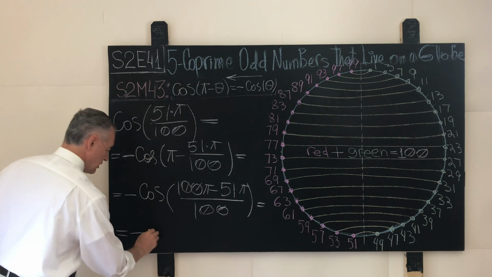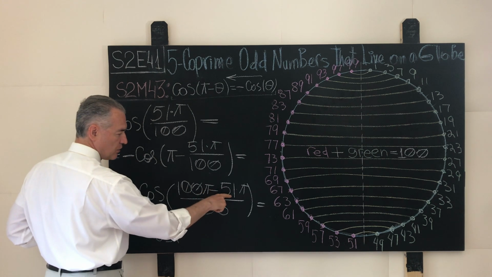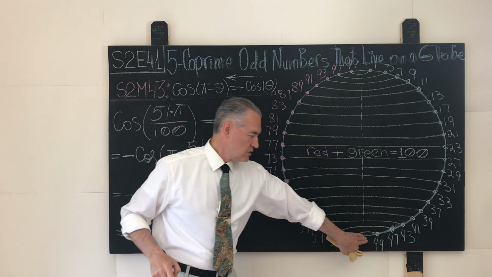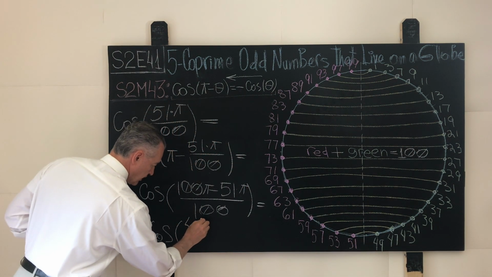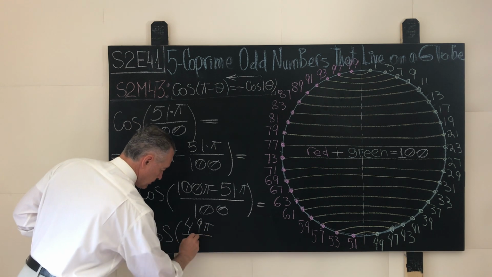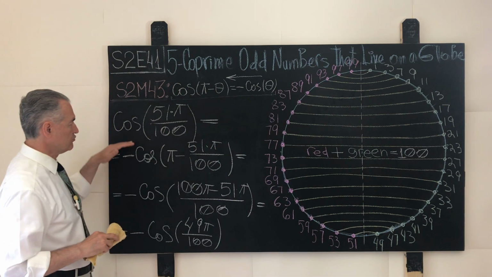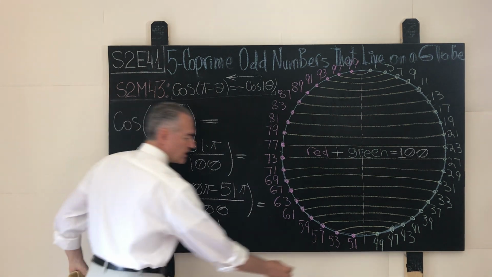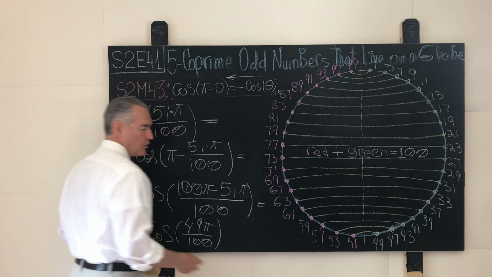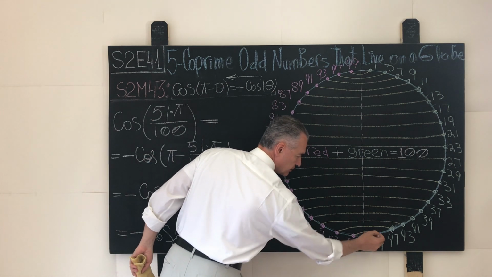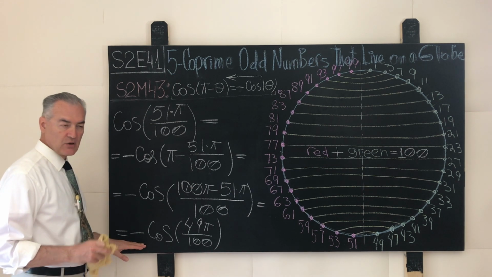Minus cosine, 100 pi minus 51 pi comes down to exactly 49 pi over 100. In other words, what we just proved is that the cosine of this red number is equal to the cosine of the number that sits on the same parallel multiplied by -1. What do we do next?